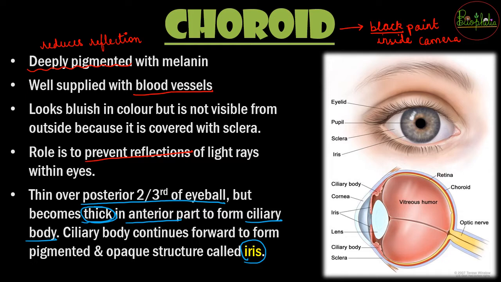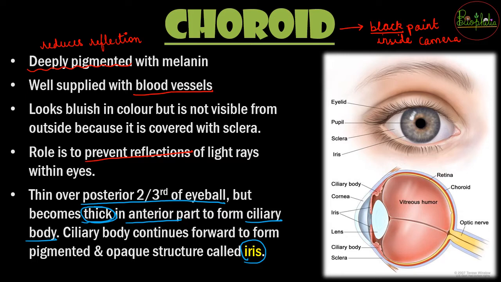So here we have studied two extra things. The choroid, the first main layer we were studying, is the deeply pigmented layer meant for the prevention of reflections. But this choroid layer is not uniform.